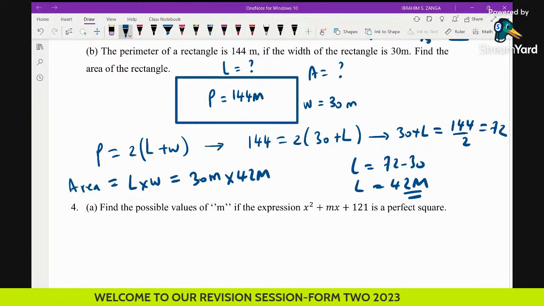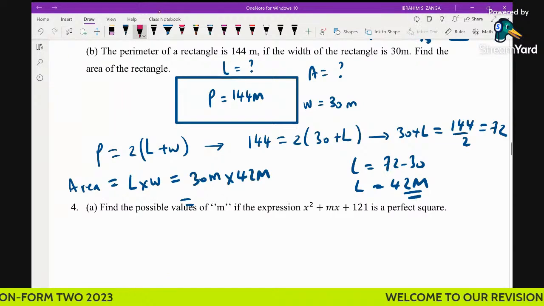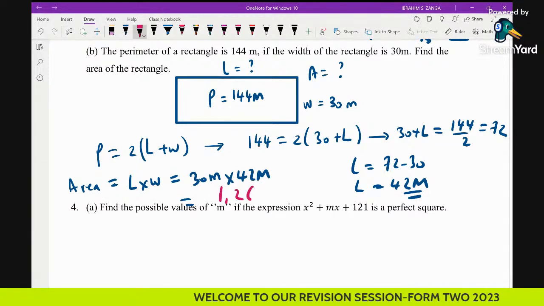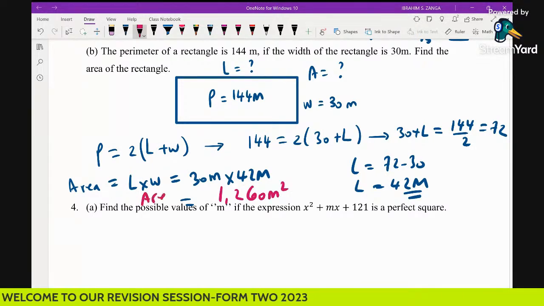When you multiply, you get the area as 1,260 square meters. So that is the area of the rectangle.